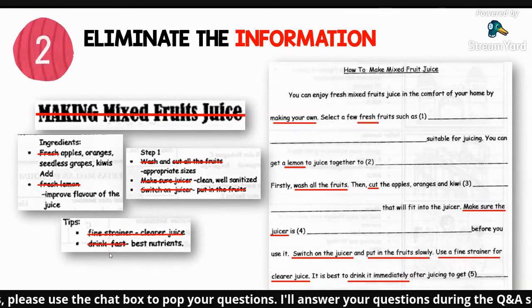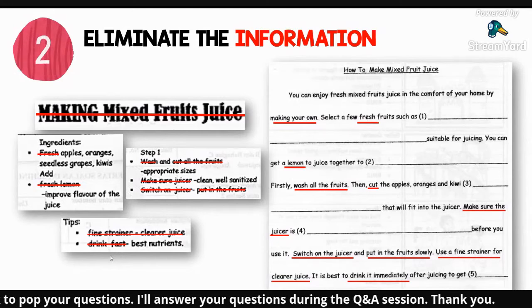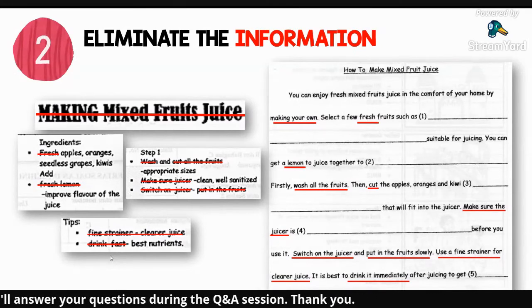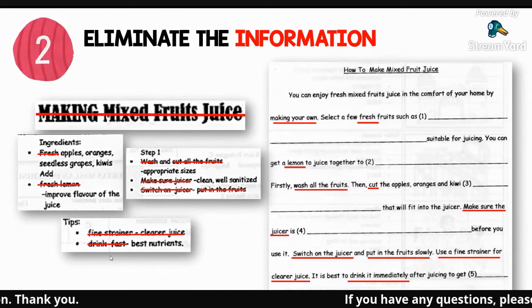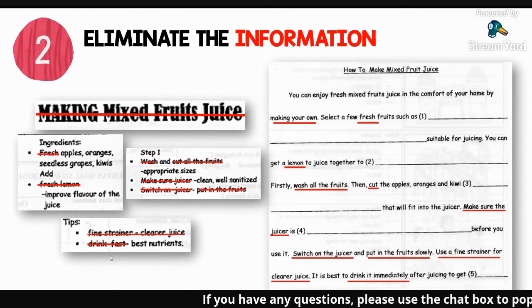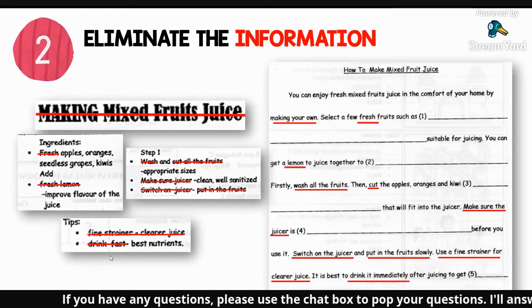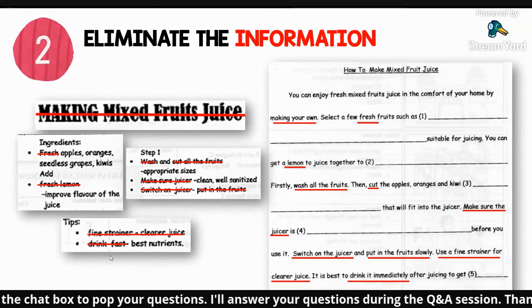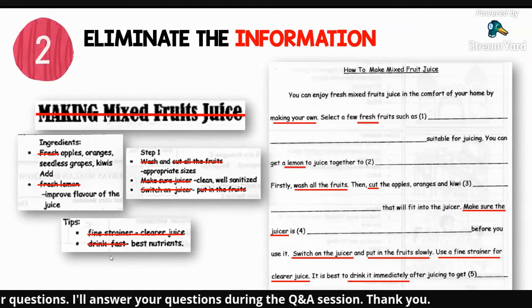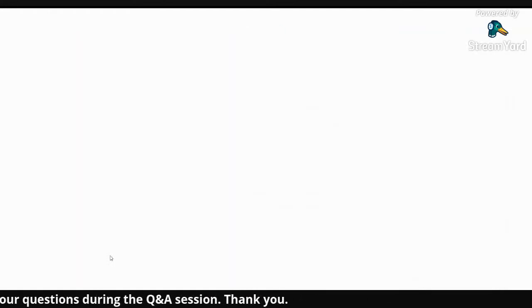Cut it out. Okay, that wasn't very difficult, right? So this is how you actually cut out all the information first. You eliminate them because these are the ones that we should not concentrate on, because those are not going to be your answers. Okay? So moving on to step 3.